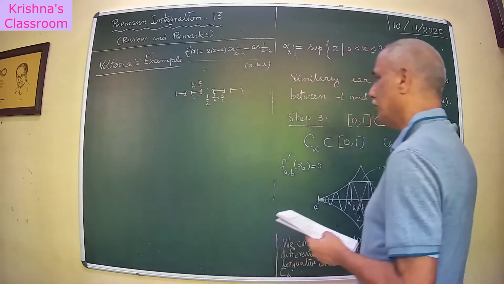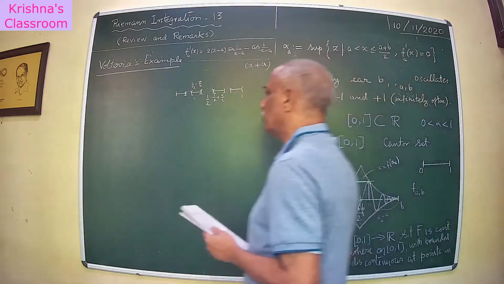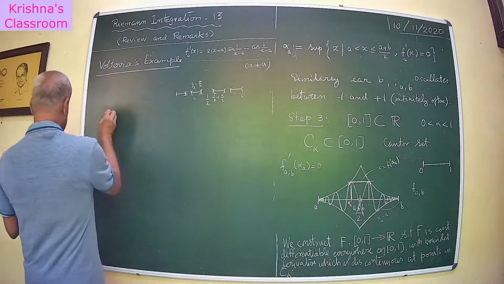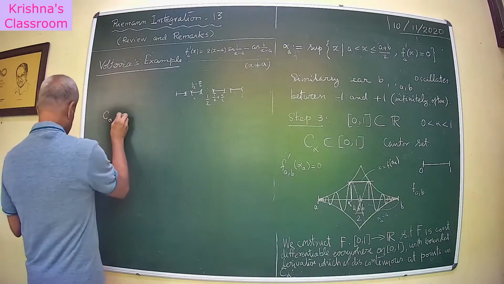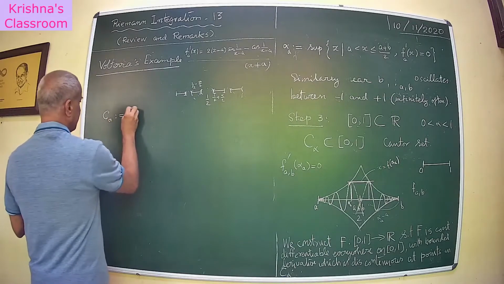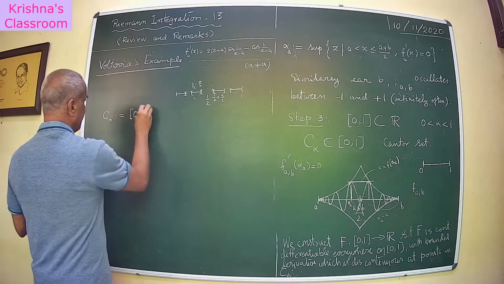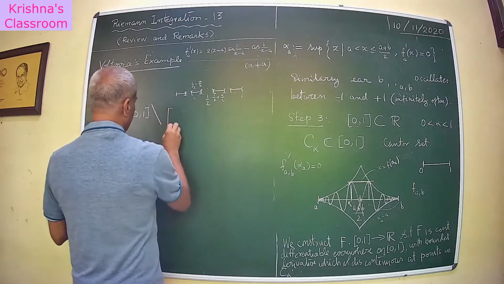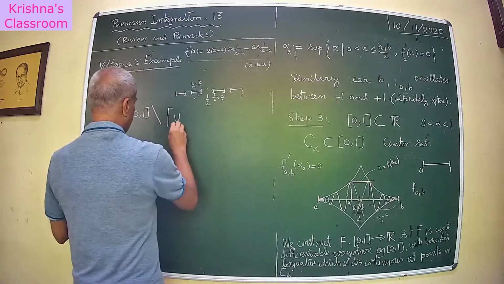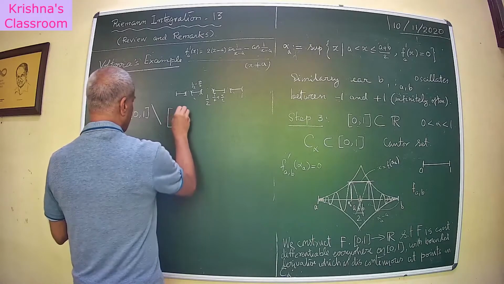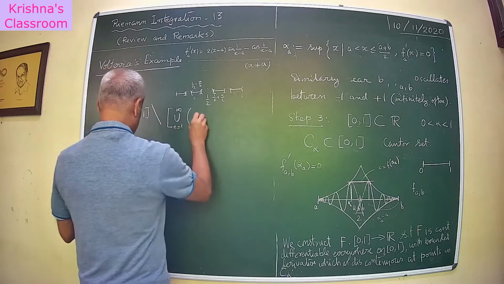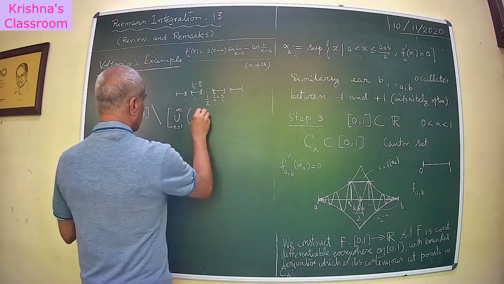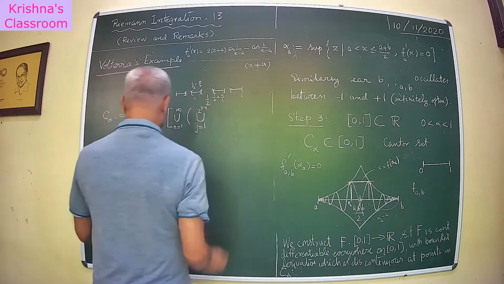Therefore, eventually, what you get is a set of points which you call C alpha, and we have seen that C alpha is essentially the interval 0, 1 minus the union of open intervals.